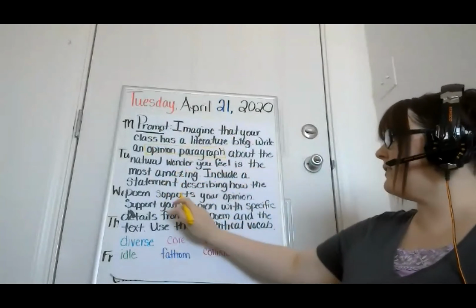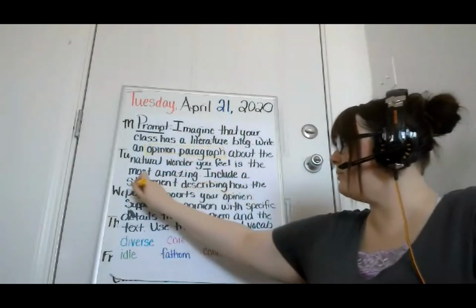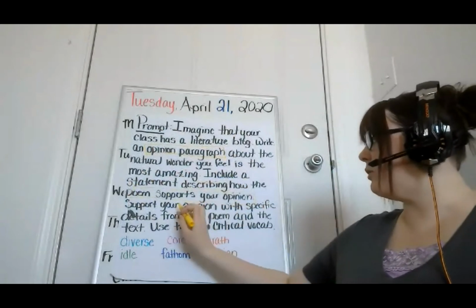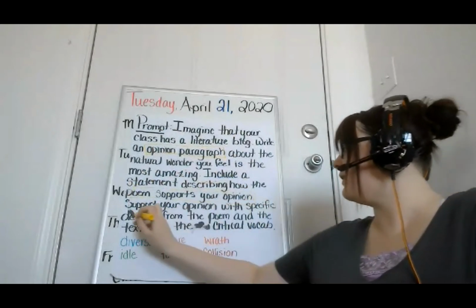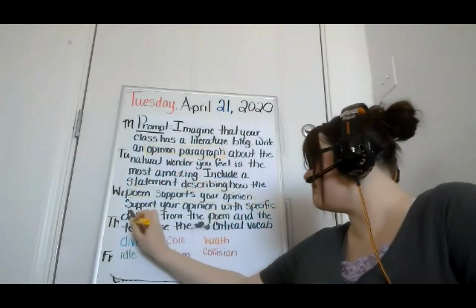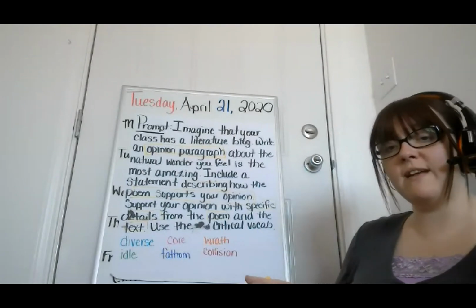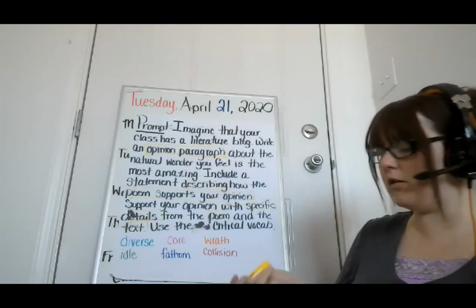We're going to include a statement that describes how the poem supports our opinion, and we're going to support our opinion with specific details from the poem and the text to support our answer, which means we're going to be using that text evidence that we've been talking about all school year long.